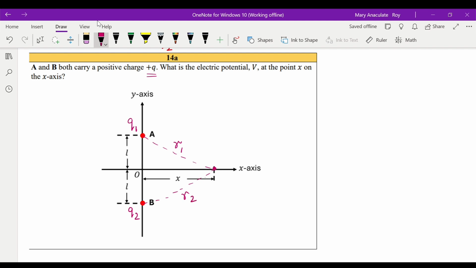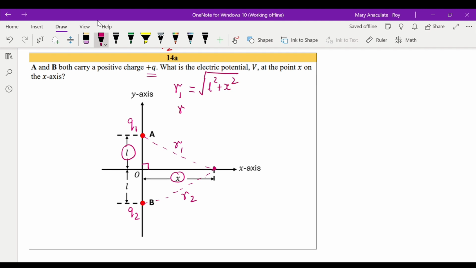So what's R1 in terms of the notations that they have given? This is X, right? So it's going to be a right angle triangle here. The sides are given as L and X. So let's use the same letters. R1 will be square root of L square plus X square, right?